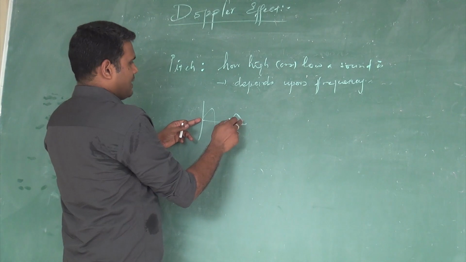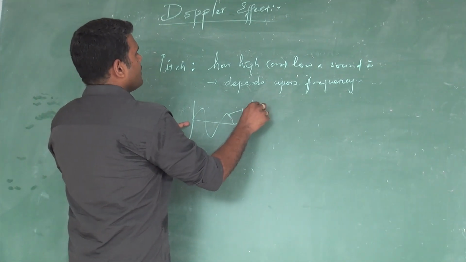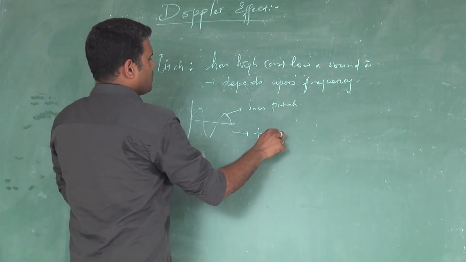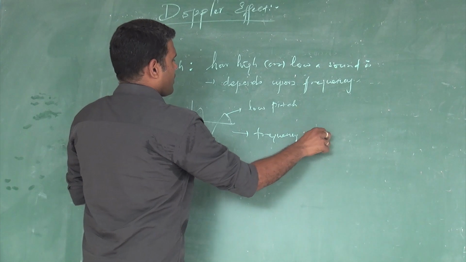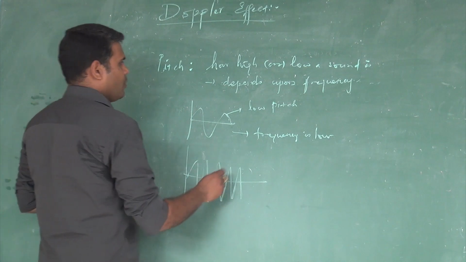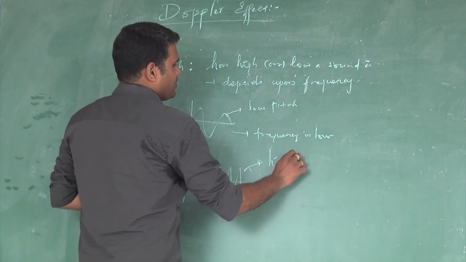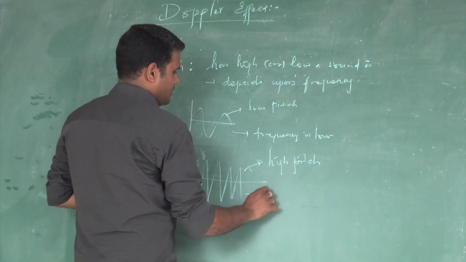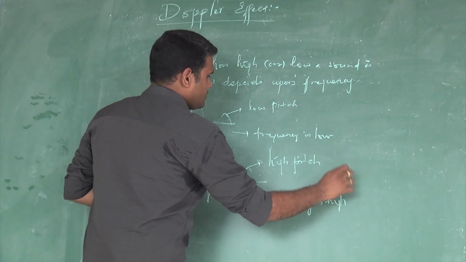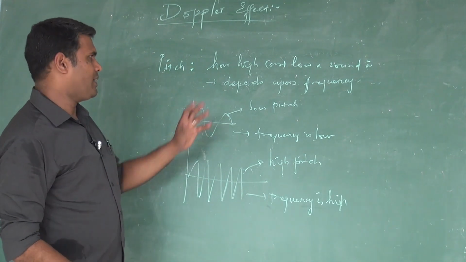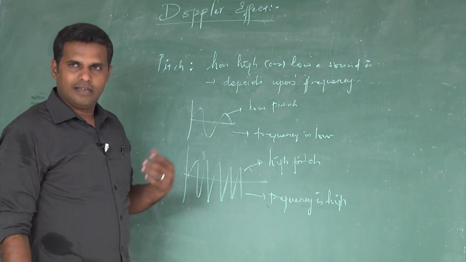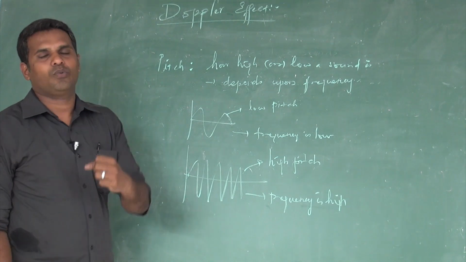If the number of waves per second is less, then the wave is said to be a low pitch sound, because the frequency is low. If the frequency of the sound wave is high, then we can say this is a high pitch sound, because the frequency is high. So depending upon the frequency, we can mention the pitch. Pitch here refers to frequency. So it refers to how high or low a sound is.